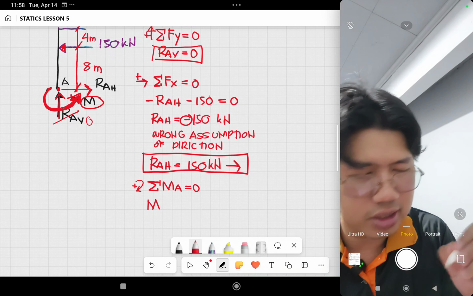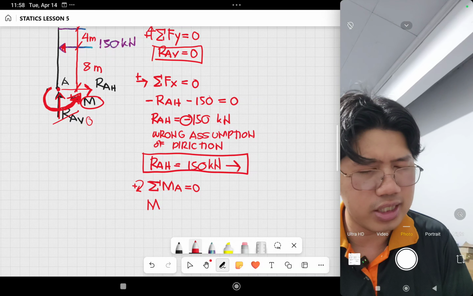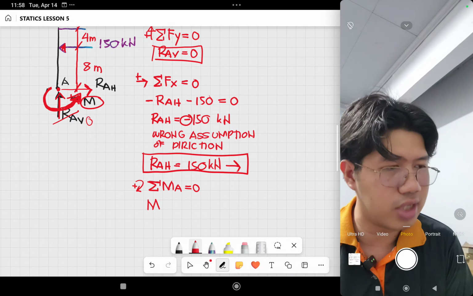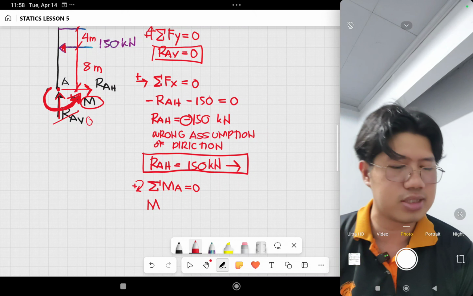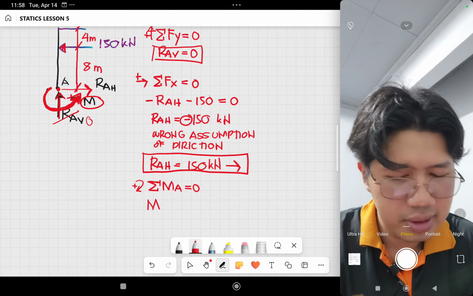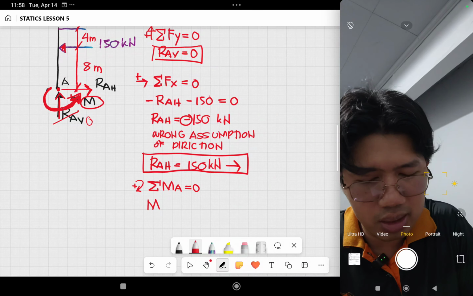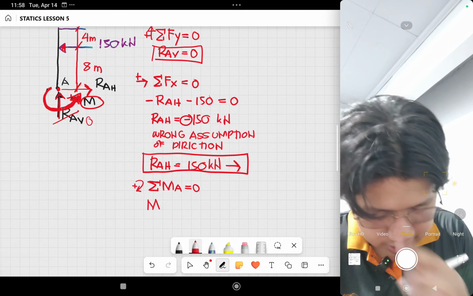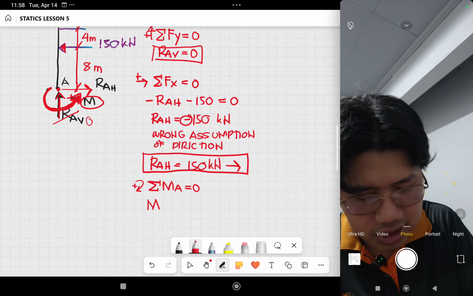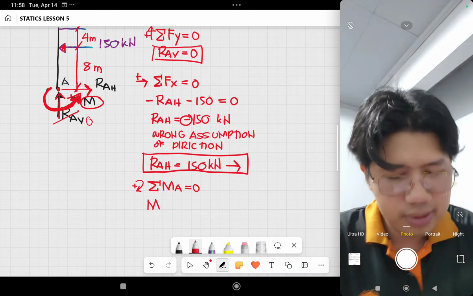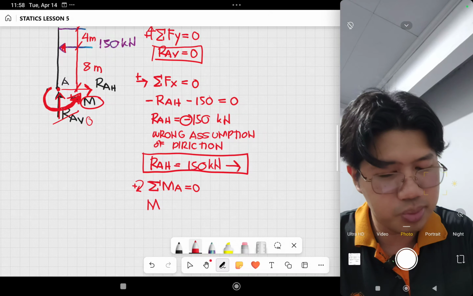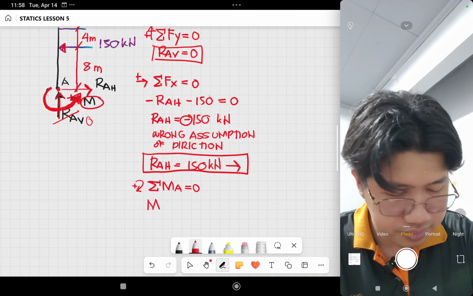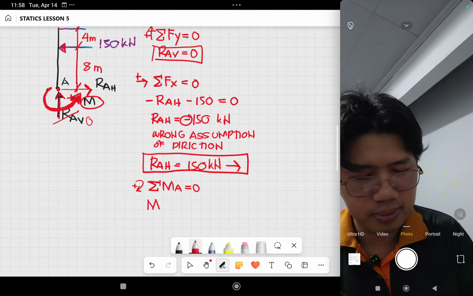Kapag mga vertical, horizontal, or any inclined force that passes through that point of interest or moment center, wala siyang moment. Pero kapag meron ka nang nakadrawing na moment mismo, in this case, si M na yan, ba't siya nakadrawing dyan? Kasi, fixed yung support natin, so magproproduce siya ng moment reaction.